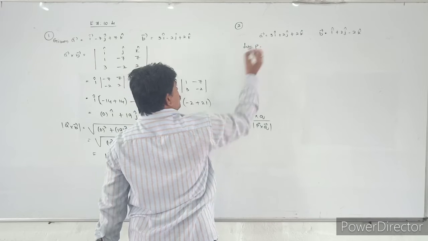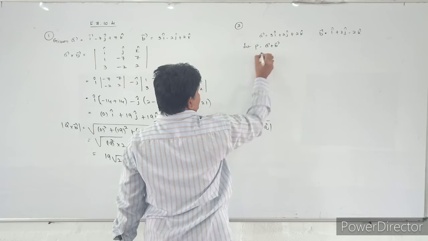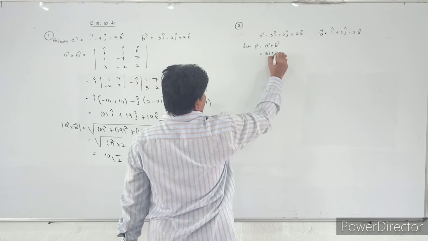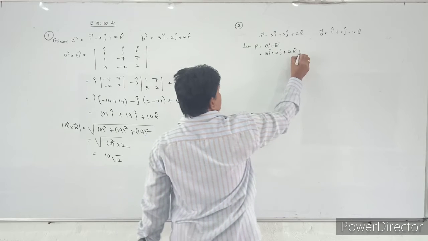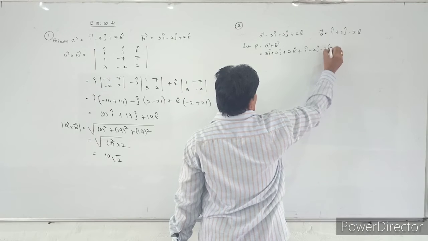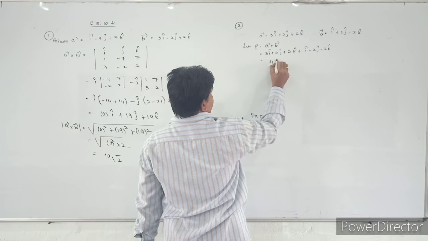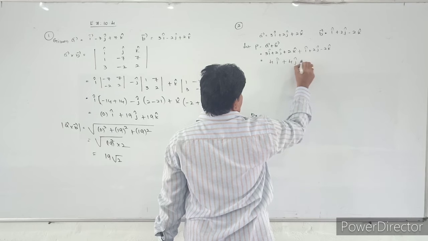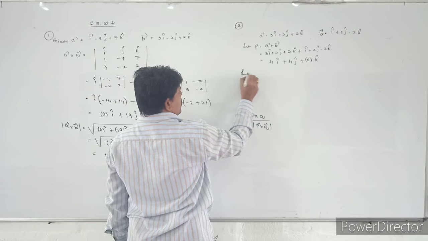Let P be equal to A bar plus B bar, which is 3i plus 2j plus 2k plus i plus 2j minus 2k. Adding, 3 plus 1 is 4i, 2j plus 2j is 4j, 2k minus 2k is 0k.